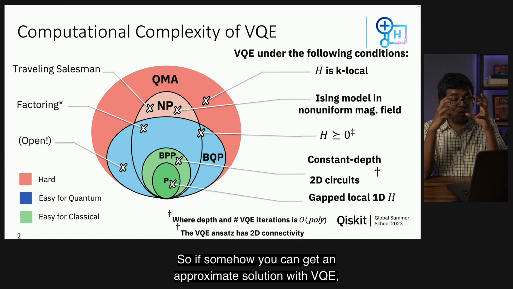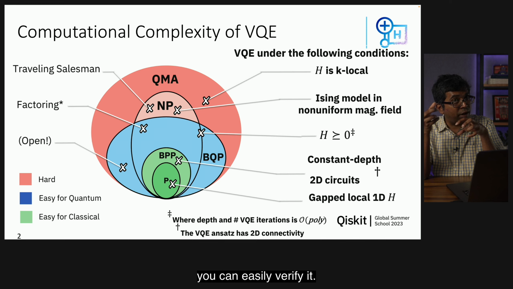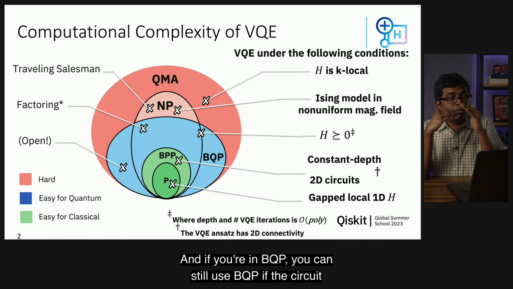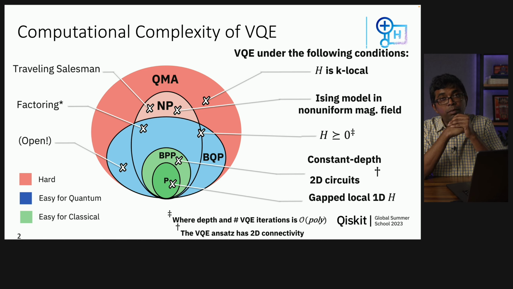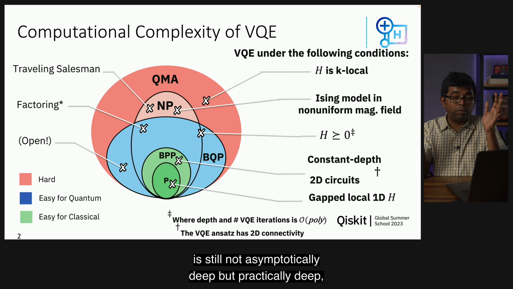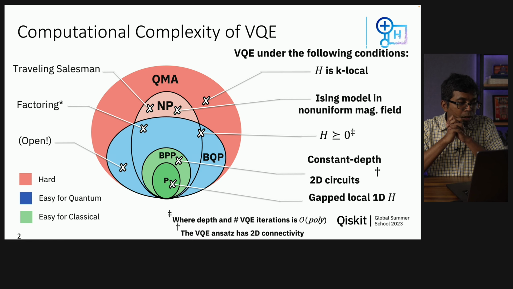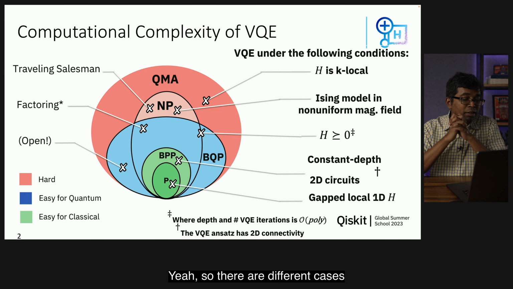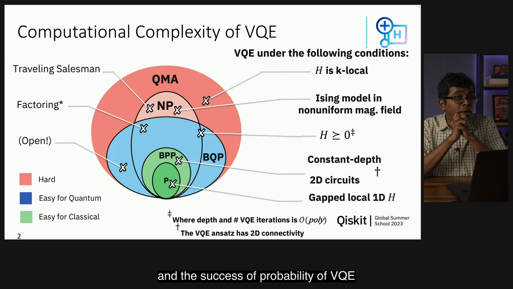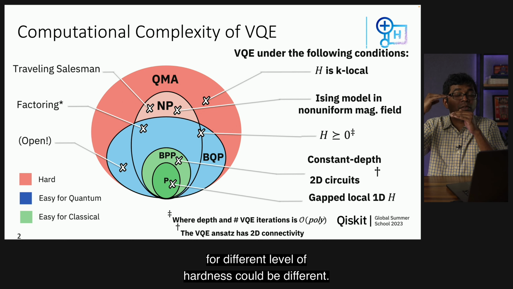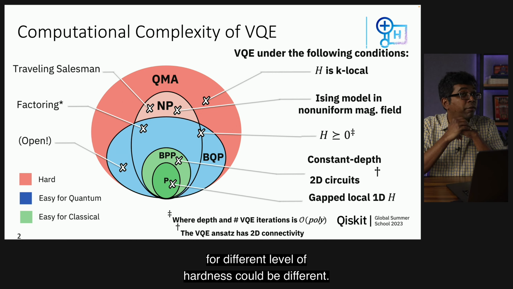So if somehow you can get an approximate solution with VQE, you can easily verify it. And if you're in BQP, you can still use VQE if the circuit is not asymptotically deep, but practically deep. So there are different cases, and the success probability of VQE for different levels of hardness could be different.